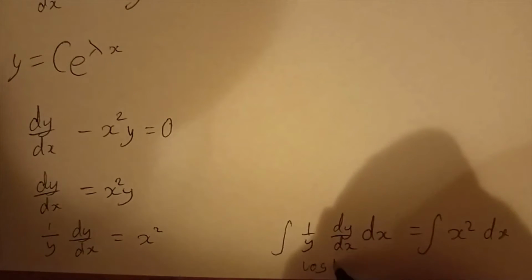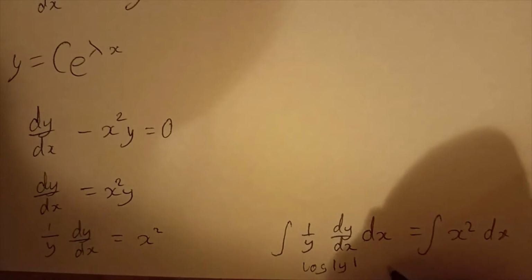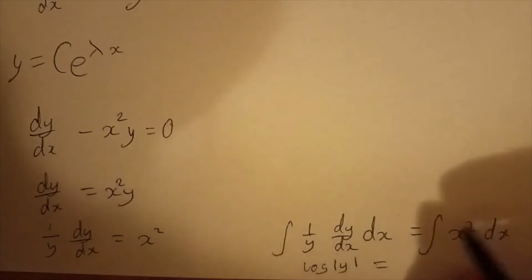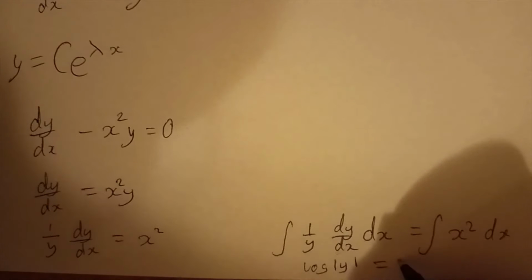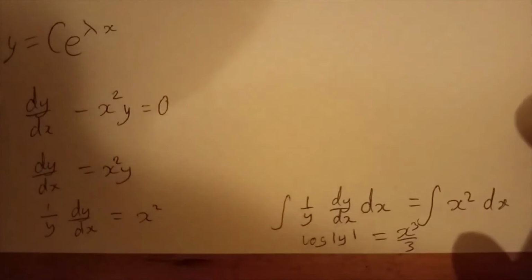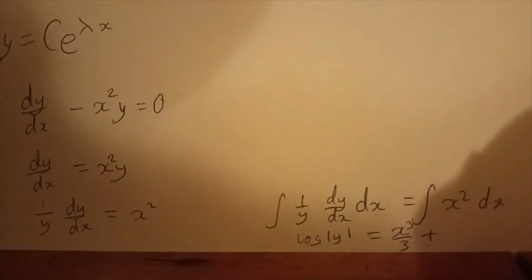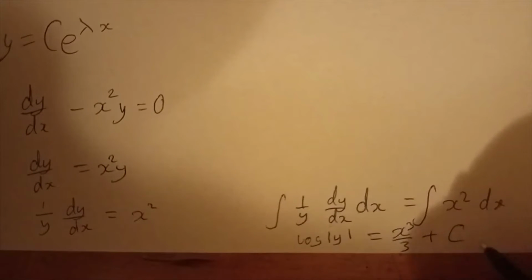So we get log of the absolute value of y equals, now an antiderivative of x squared is x cubed over 3, and we need to add an integrating constant, so we'll call it c.